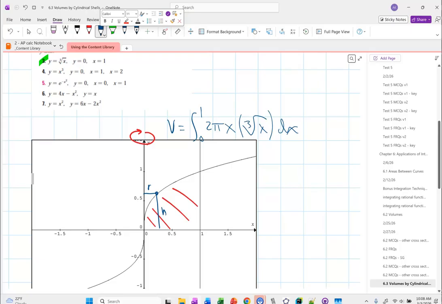Good question, though. Why is it dx if we're rotating about the y-axis? Because the thing that's varying is the length of the radius, right? That's the thing that's changing with each cylinder.